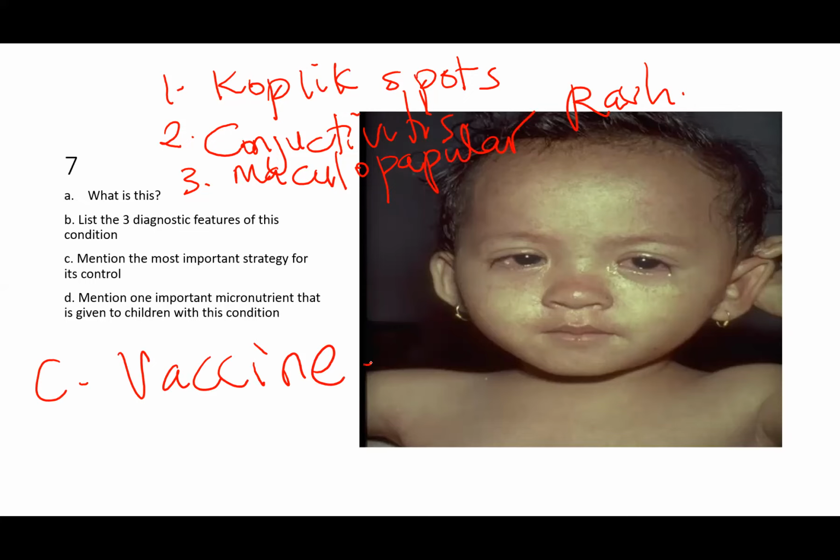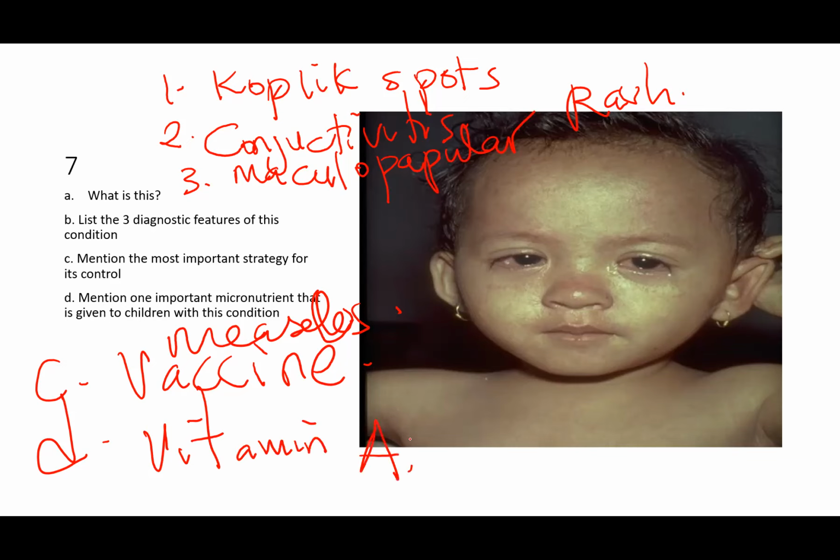Then D says, mention one important micronutrient that is given to a child with this condition. The important micronutrient that is given to a child with measles is vitamin A.